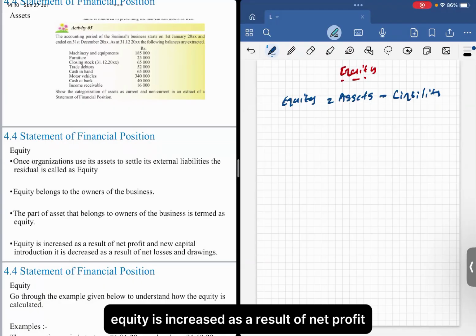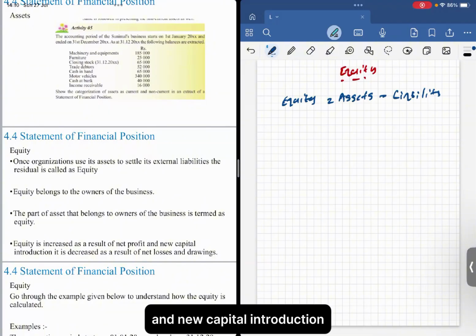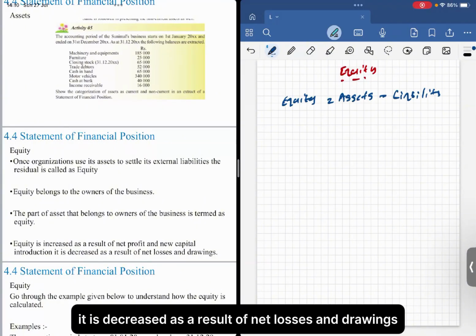Equity is increased as a result of net profit and new capital introduction. It is decreased as a result of net losses and drawings.